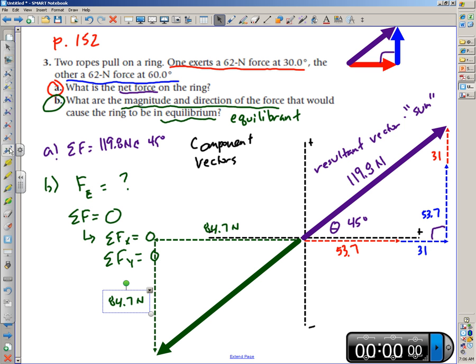And I now know that this force needs to also be 119.8 newtons. But again, I need to provide a direction. I need to know this angle theta. Your book generally measures things from the positive x-axis, so I can go something like this, okay?